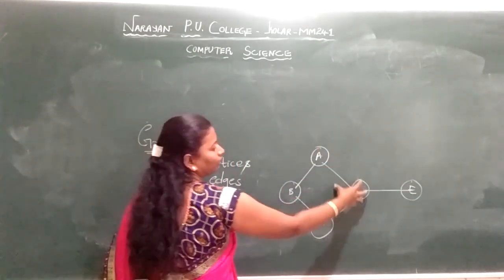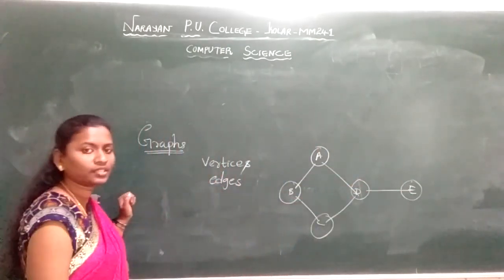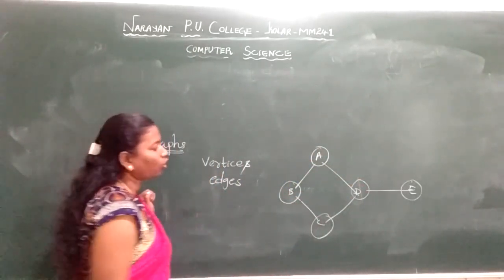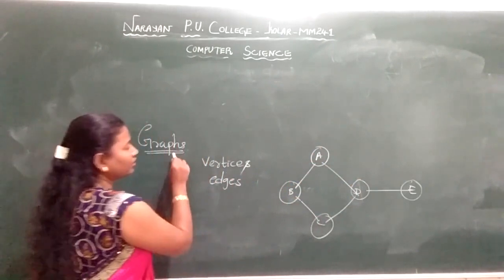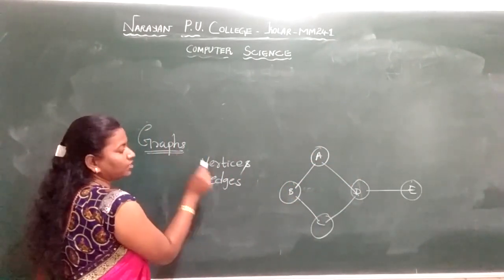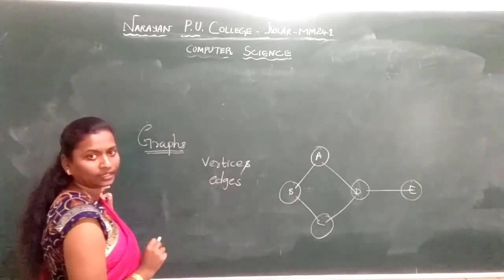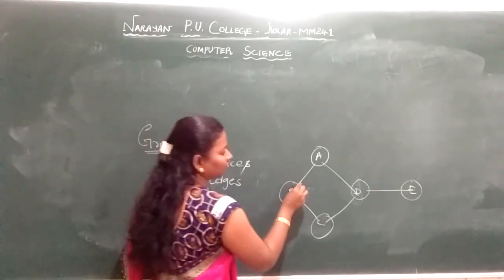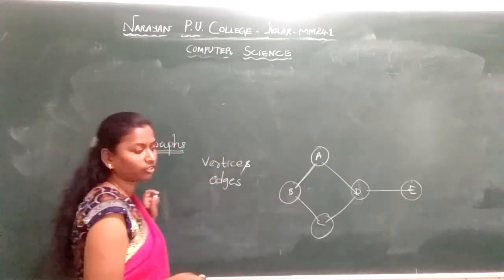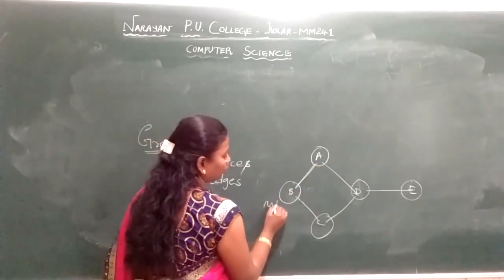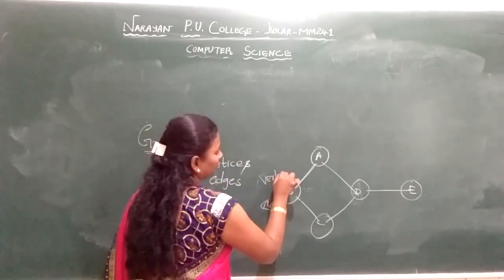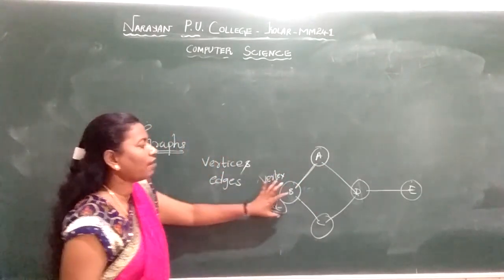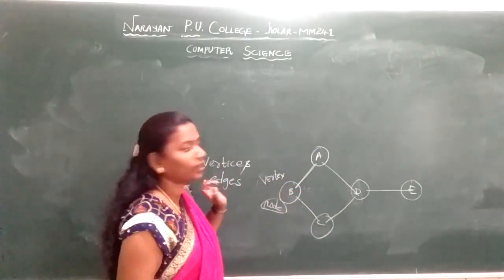We have more than one, singular is vertex, vertices is the plural. A graph is a non-linear data structure which has the vertices and the edges which connect the vertices. Edges are nothing but this line or the arc which connects the vertices. So these are called nodes. The node we call vertices in the graph. This is nothing but a vertex. So if we have more than one vertex, we call them vertices.